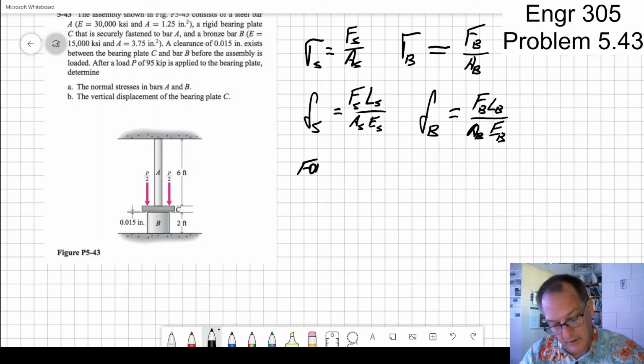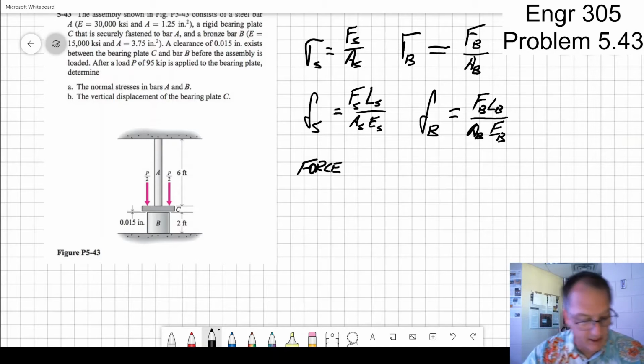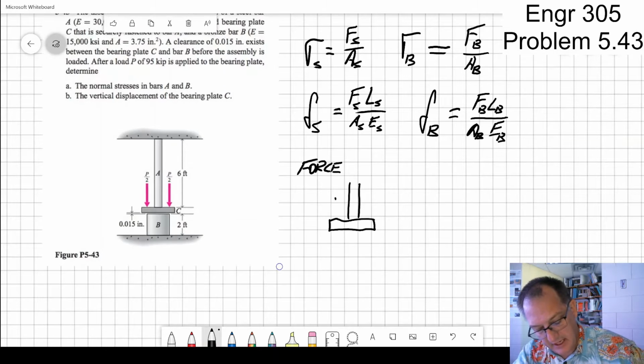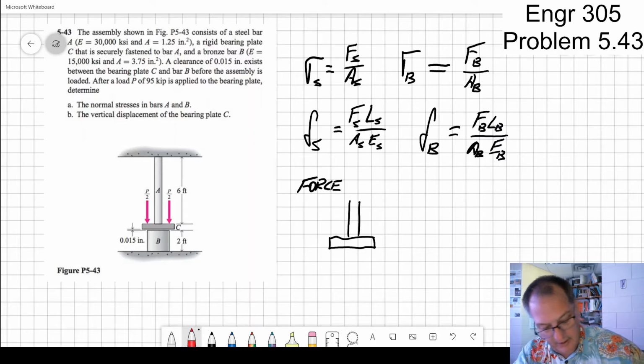So the force relationship comes from a free body diagram on the plate. And that's actually a hard one because there's two situations. There's a situation where I have this and I have a load. I'm going to do my load in red.